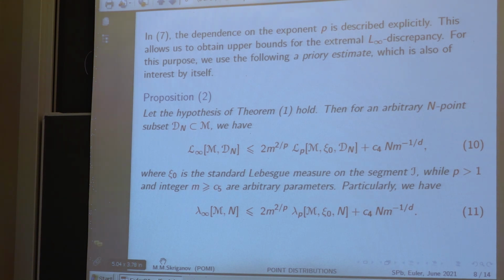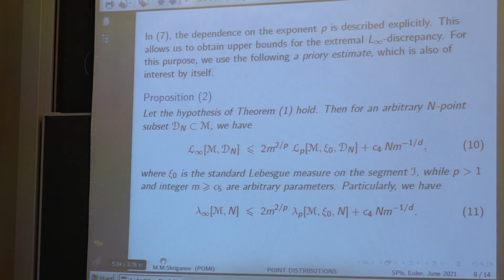It turns out that the L infinity norm of the discrepancy can be estimated from above by the LP norm for an arbitrary exponent, and M is an arbitrary parameter.